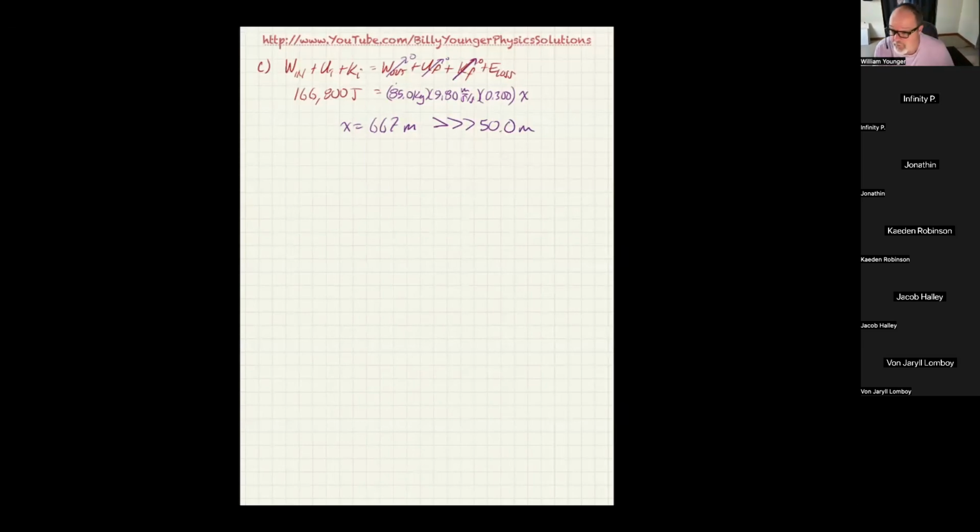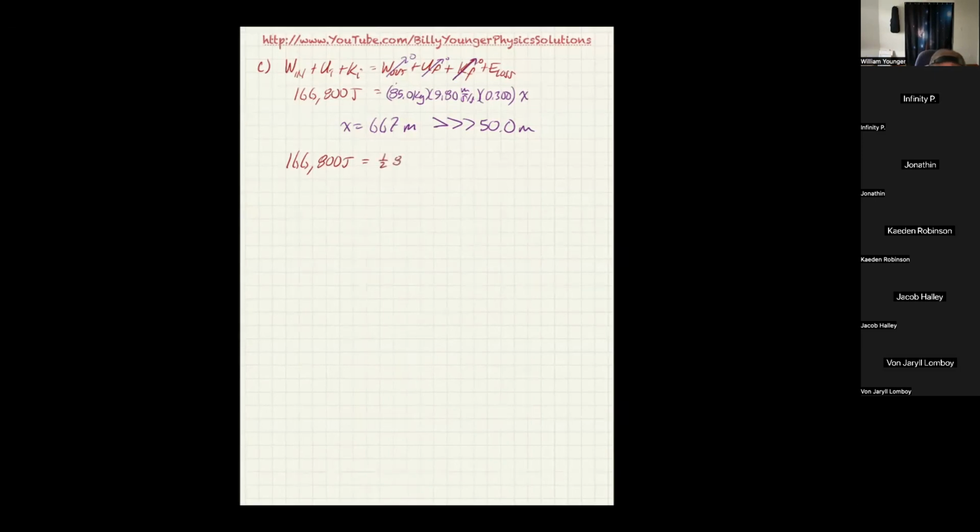I want, therefore, to find out how fast it's going at the end. So now I'm going to do 166,800 joules is the energy we start off with. Now this is going to be equal to the energy loss in going across the friction plus the decrease in potential or kinetic energy.